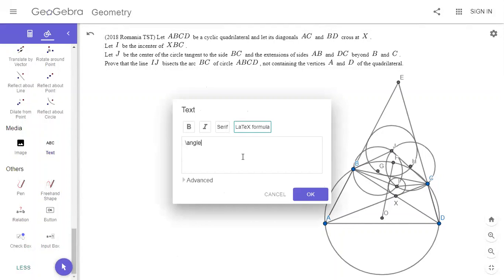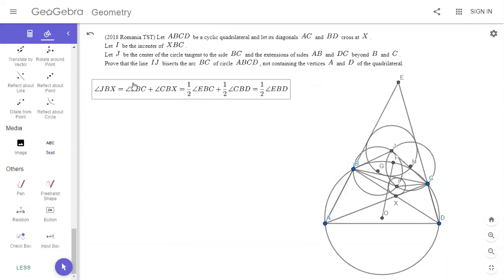All right. So we have that. And then we can do the same thing with angle JCX.